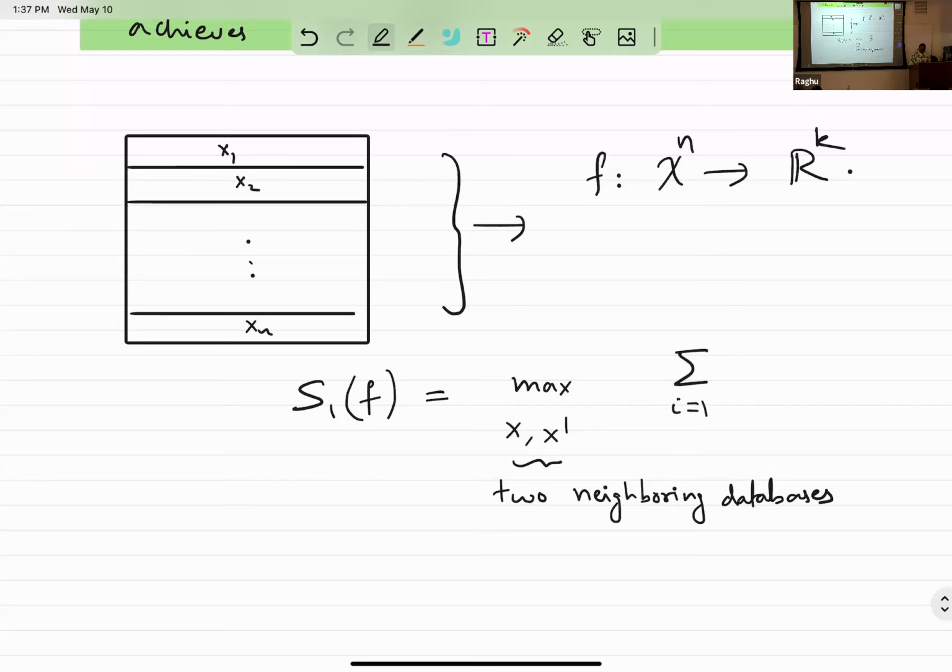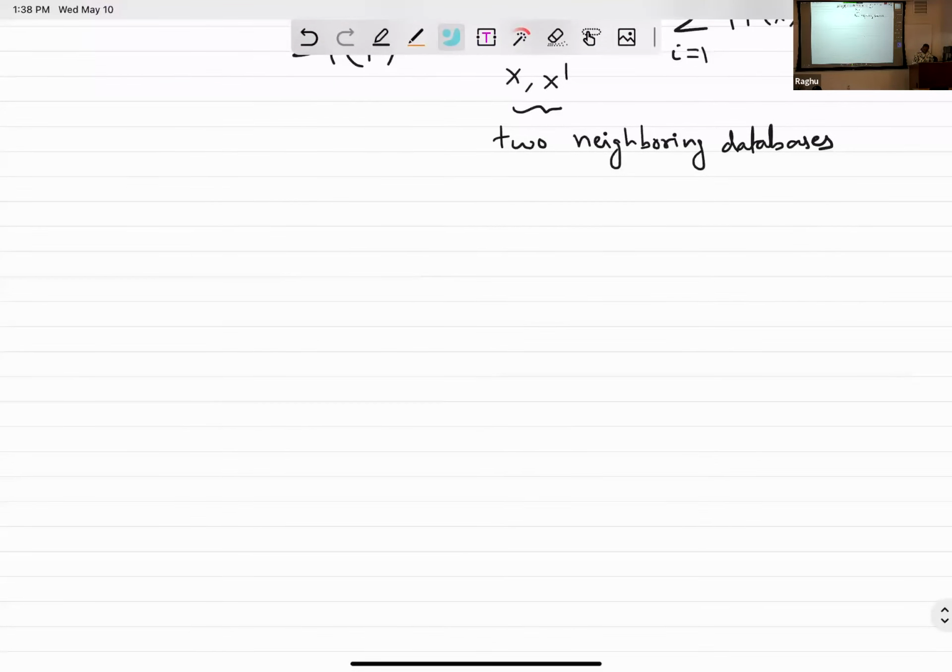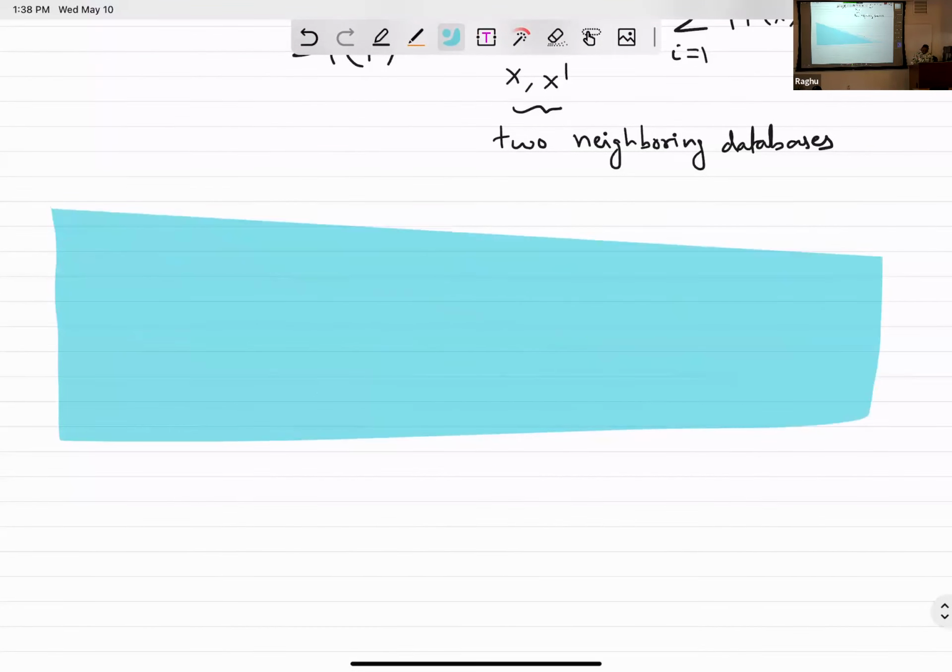So for each coordinate, add up the possible differences. Okay, so that's the definition of sensitivity now for multivariate functions. And we can generalize the Laplacian mechanism also to multivariate functions.